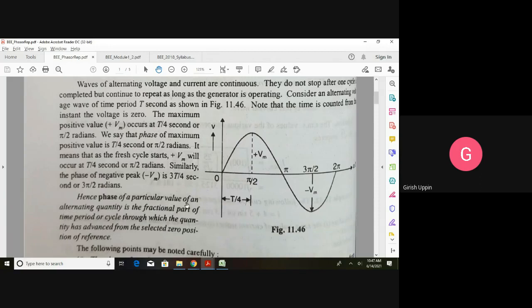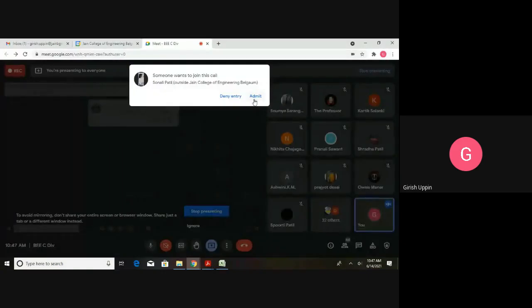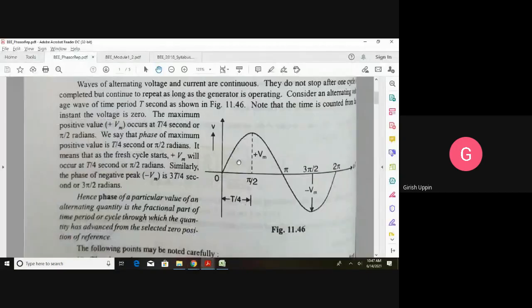Phase of a particular value of an alternating quantity is the fractional part of the time period or cycle through which the quantity has advanced from the selected 0 position of reference. It is in terms of seconds or in terms of angle, how much it has advanced from where its 0 begins. That is called the phase.